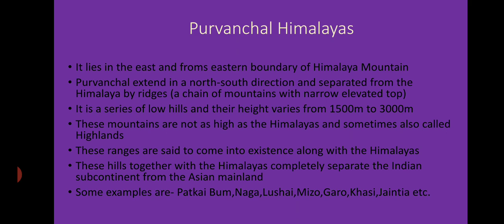Now it is said that these ranges are lower in height, but they came into existence at the time when the formation of the Himalaya started. Here you will find that these northeastern hills, together with the Himalaya, completely separate India from the Asian mainland and give it the name subcontinent.